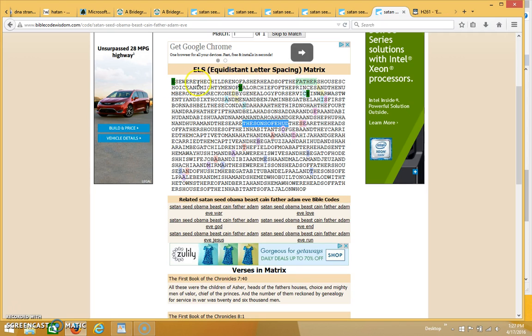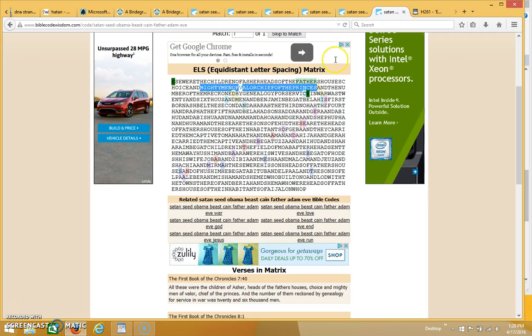And it says, "These were the children of Asher, heads of the fathers' houses, choice and mighty men of valor, chief of the princes." Okay, so this is talking about the mighty men of valor, the chief of the princes.